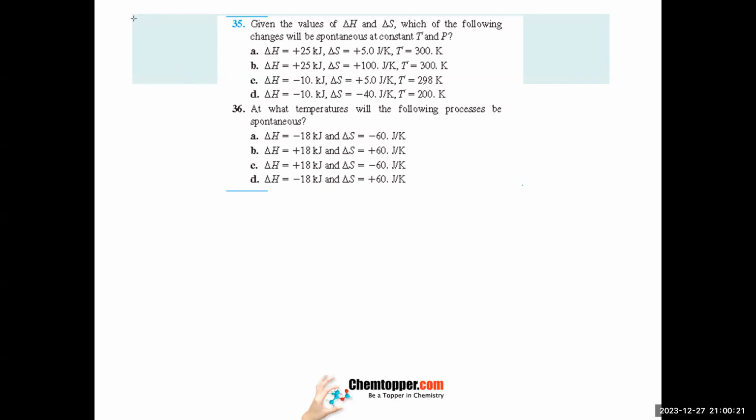The question 36 is based on that table which we were making earlier. So all of you ready? Try to answer, okay? Delta H, delta S, T, delta G. The aim is to make delta G negative. If delta H is positive, delta S is negative, at what temperature will delta G be negative?